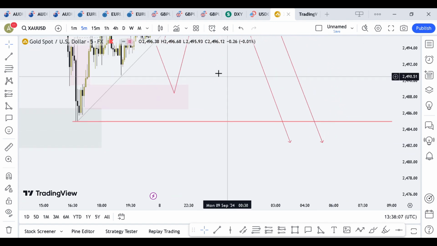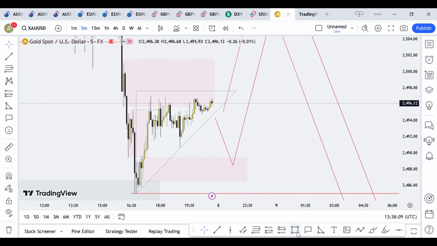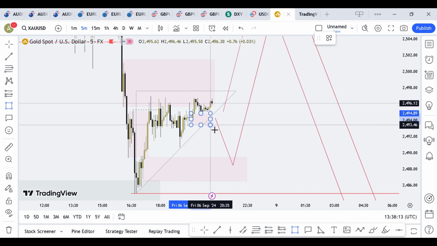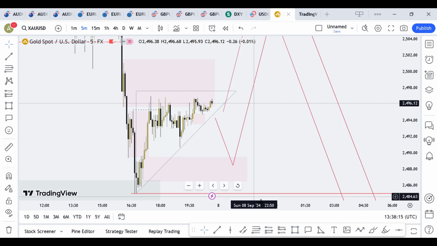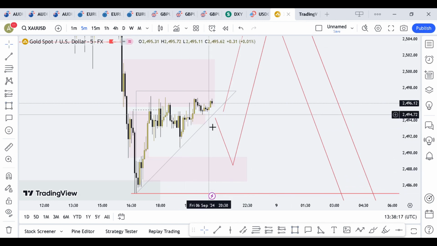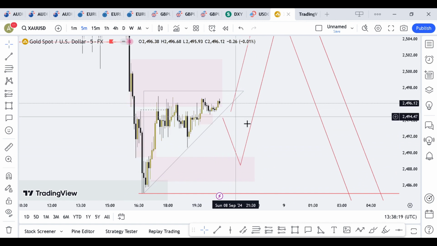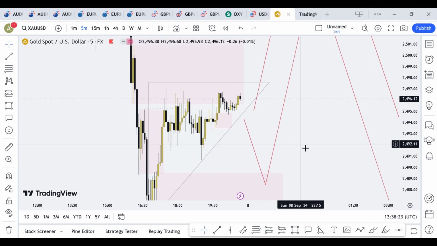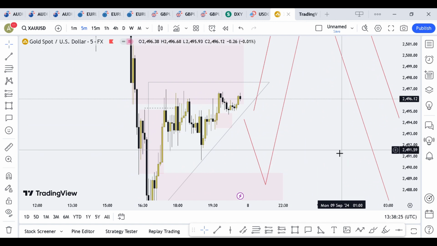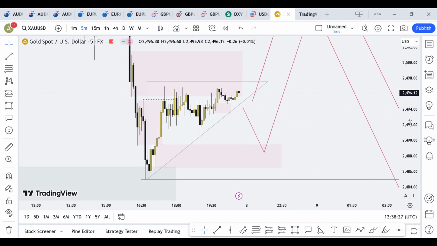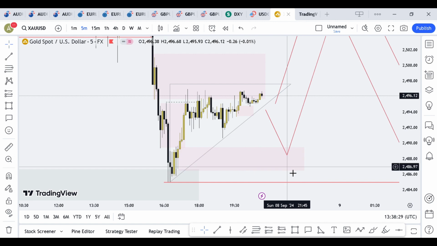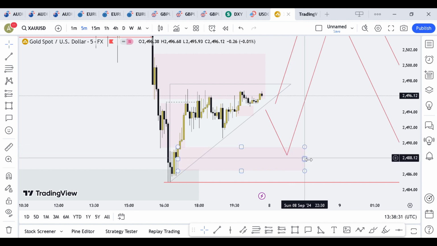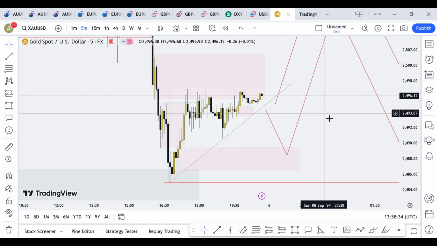I'm kind of addicted to drawing zones, so bear with me. I have this zone also that was mitigated right there, but maybe it could push price to the upside, and maybe we'd see some few moves to the upside before coming down and mitigating this possible 5 minute demand, and continue to the upside.